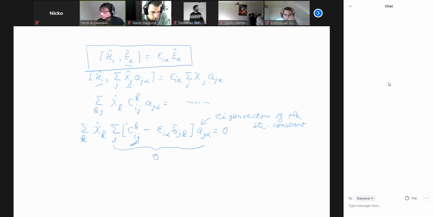This is very much like the angular momentum case, where you have the commutator of H with J plus minus equal to plus minus ħ J plus minus. So this will be this Hi here, and that would be the E alpha.